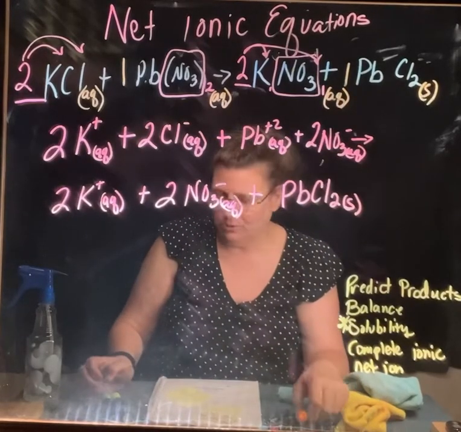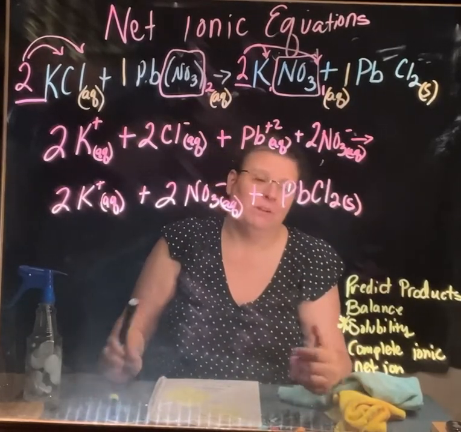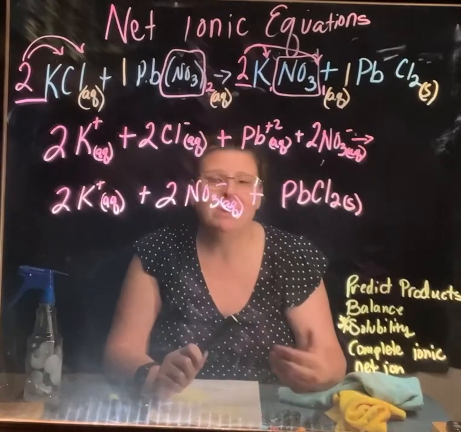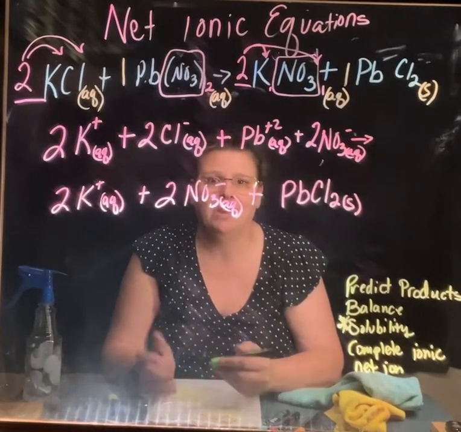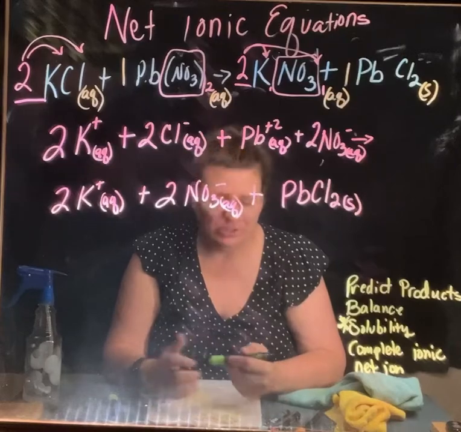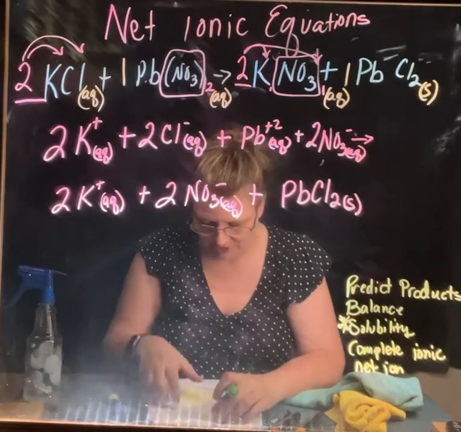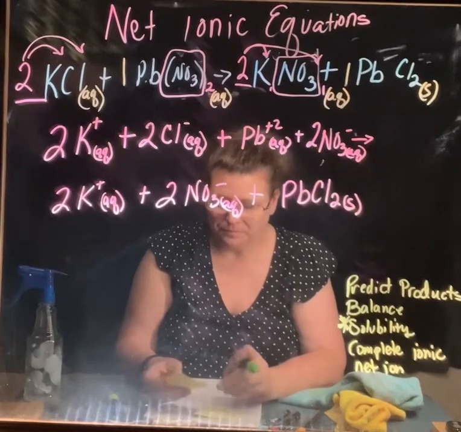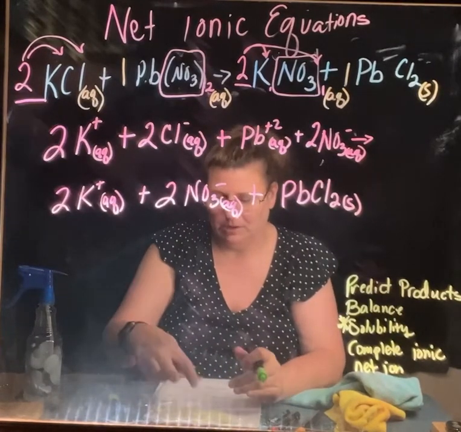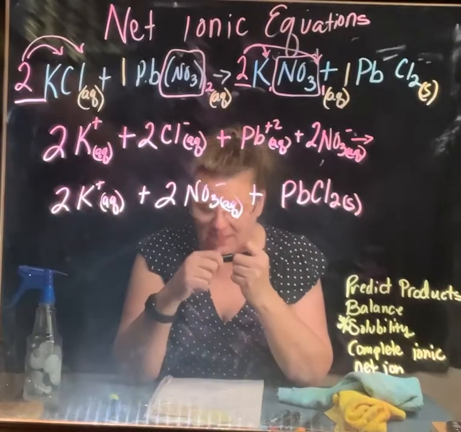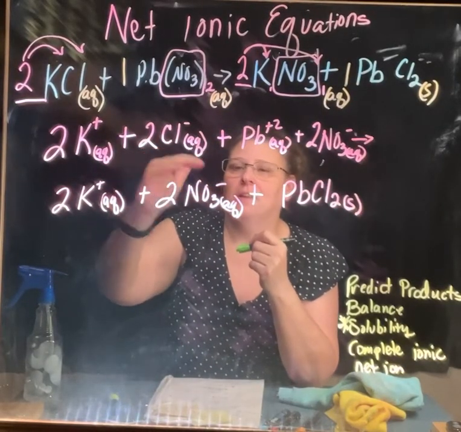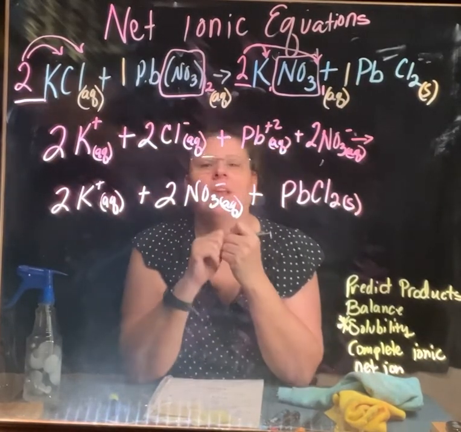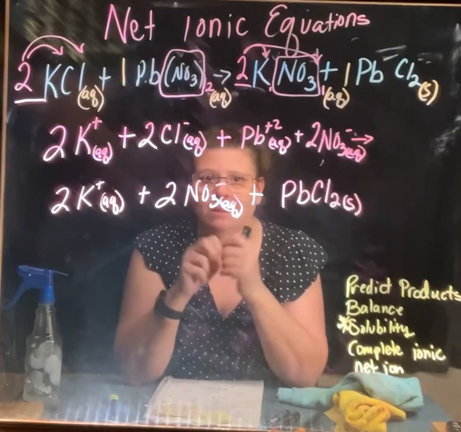Now, here's where it's actually pretty fun, but it's different. We're going to do a net ionic equation. What you're going to do with your net ionic equation is cancel anything that is the same in the reactants and the products. They're like ions.